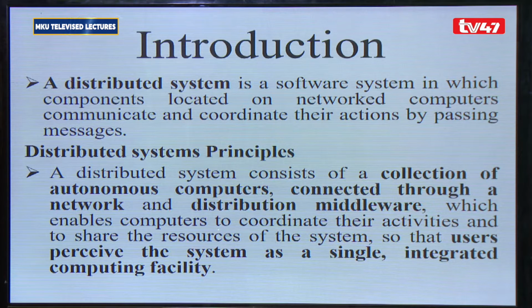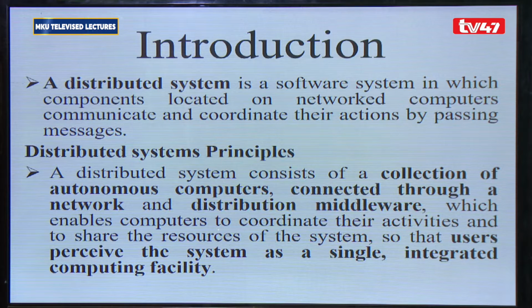We want people to perceive it as one, but at the back end we know they are not one. And the last thing is to have one common goal. So for anything to be called a distributed system, it must have all these characteristics. To highlight: autonomous computers, middleware, it has to be networked, and it has to be perceived to be one unit.